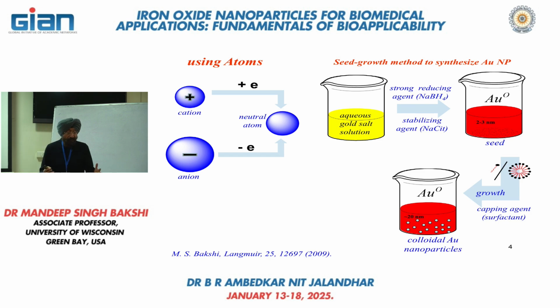If you are choosing a strong reducing agent, it will instantaneously convert all cations into atoms just as soon as you add them. But if you add a weak reducing agent, it is time dependent. So it will take time, right?